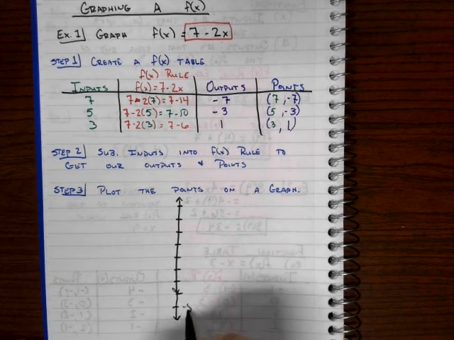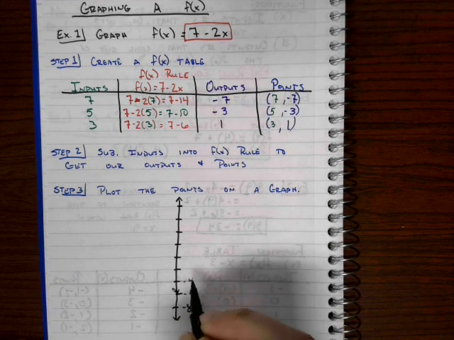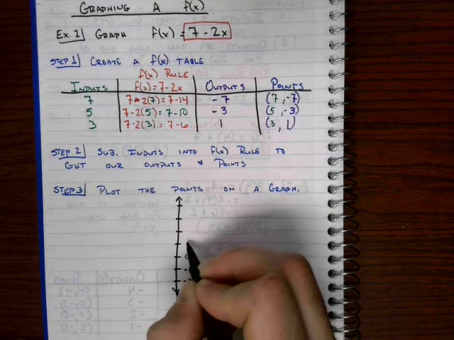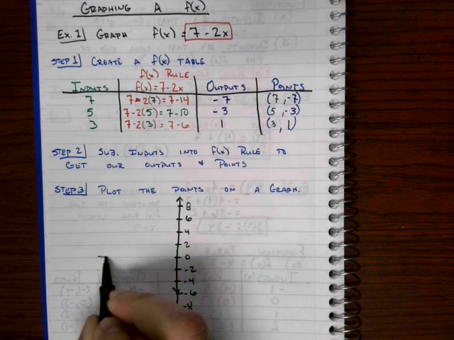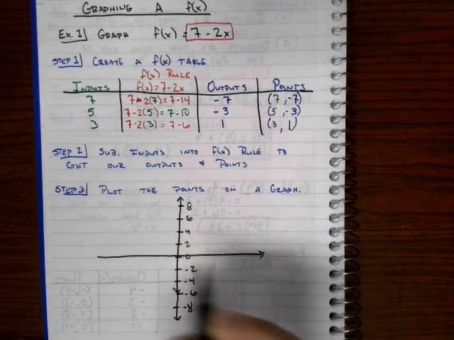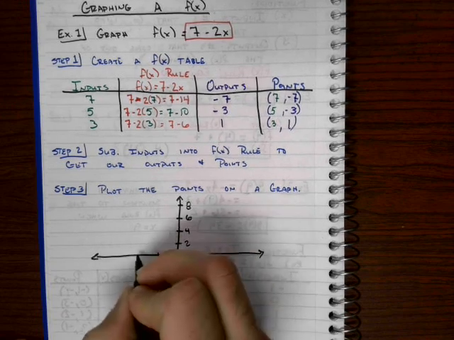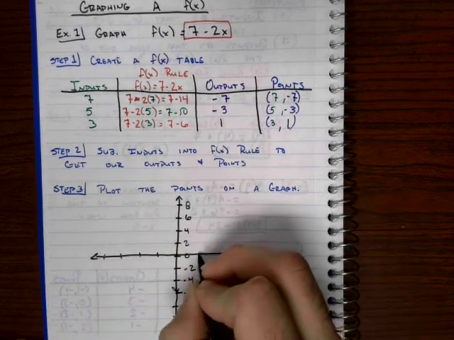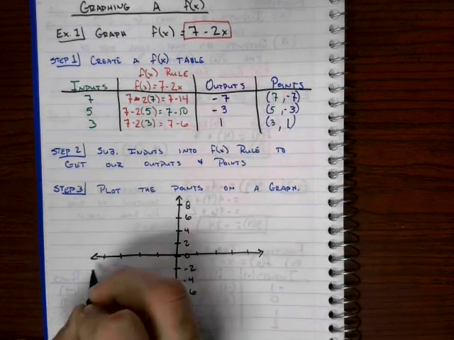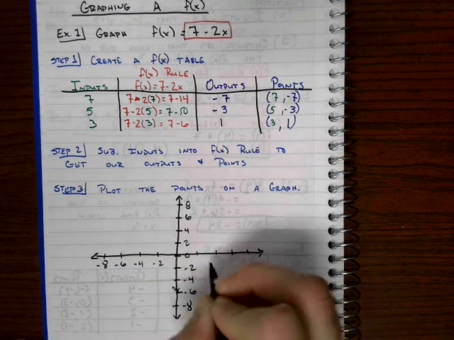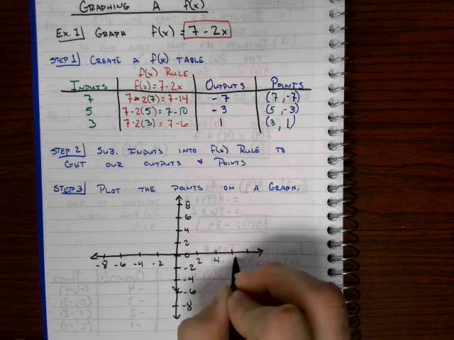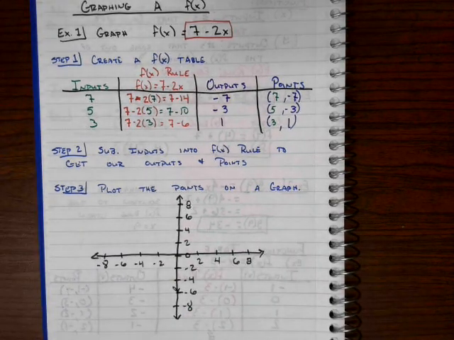So negative 8, negative 6, negative 4, negative 2, 0, 2, 4, 6, 8. I'll give you guys a second to get that drawn up.